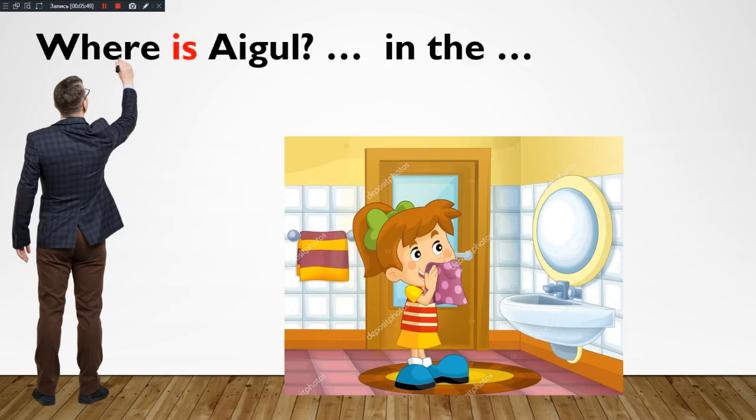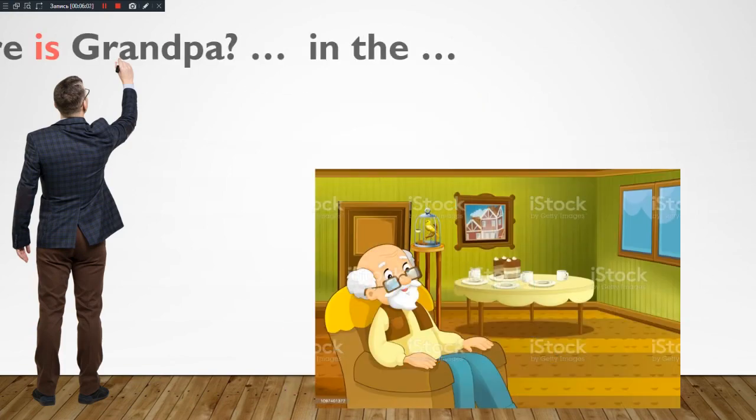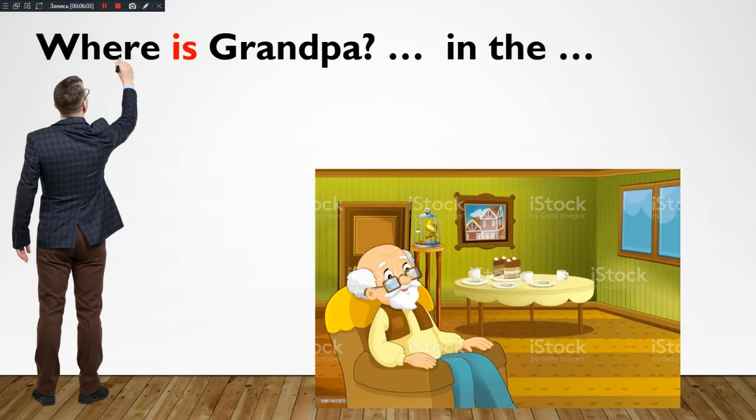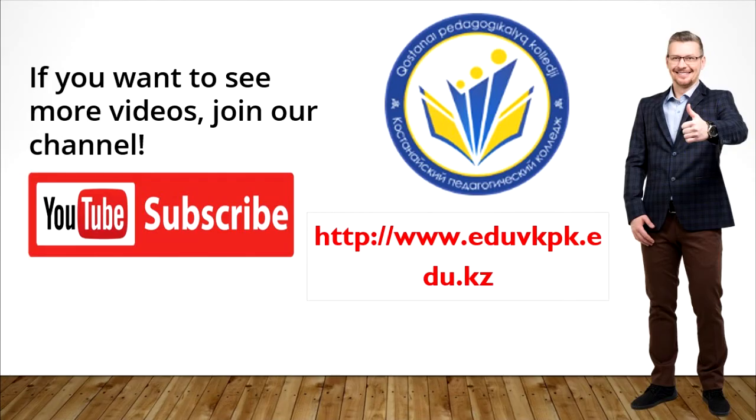Where is Айгүл? She is in the bathroom. Ал енді осыған қарайық. Where is grandpa? Grandpa is in the hall.